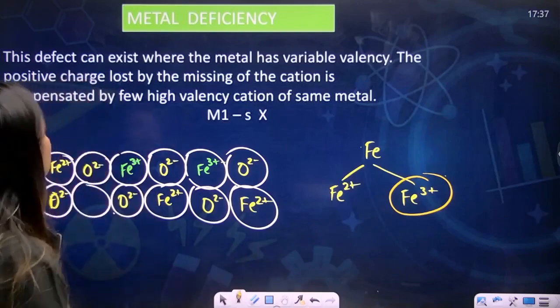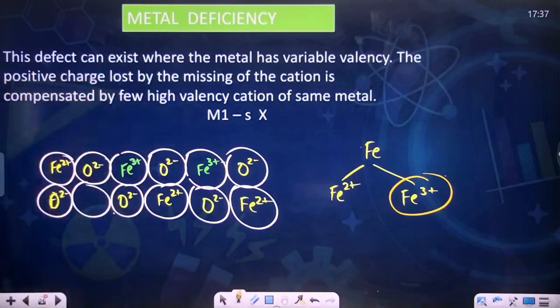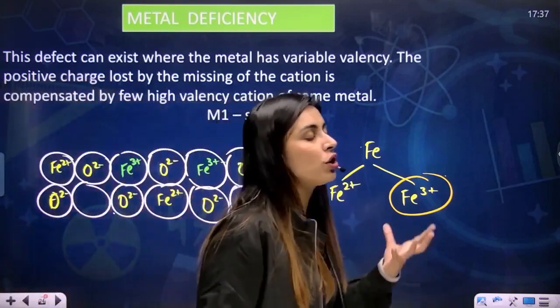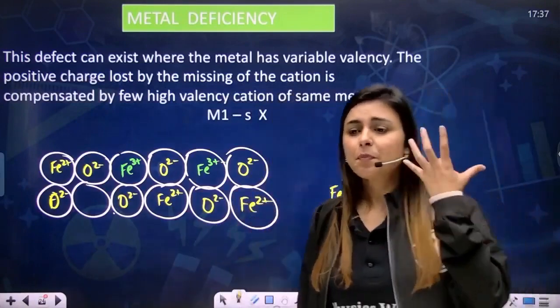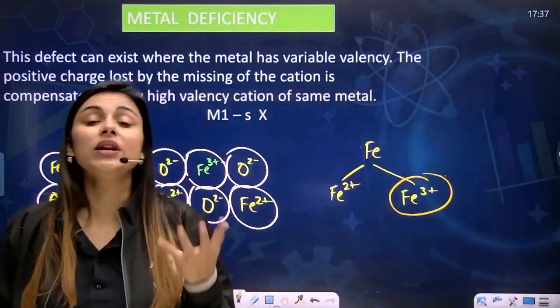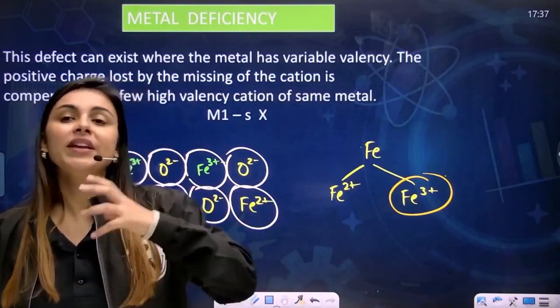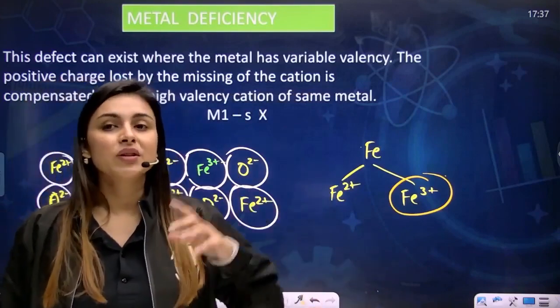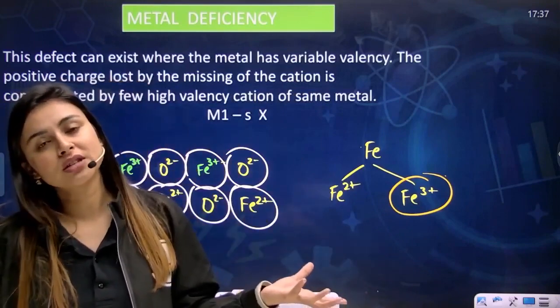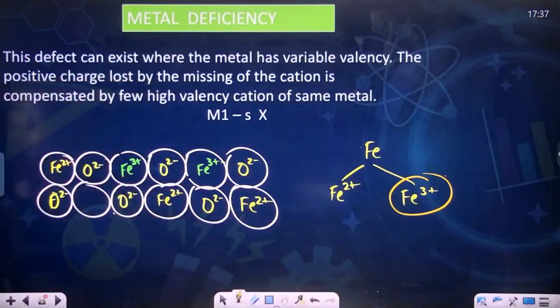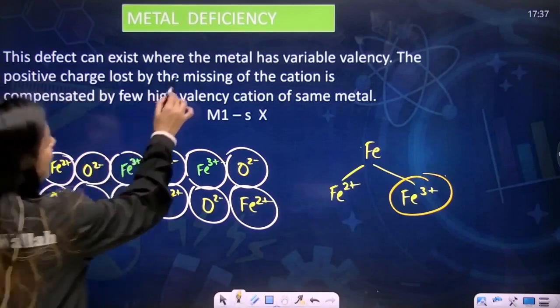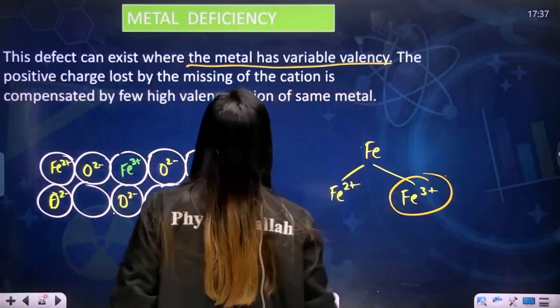Yes, and that is the reason it is known as a metal deficiency defect. So which metals do show the metal deficiency defect? Now, metal deficiency defect is only and only shown by the metals which have a tendency to show variable oxidation states. So this defect can exist where the metal has the tendency to show variable valency.